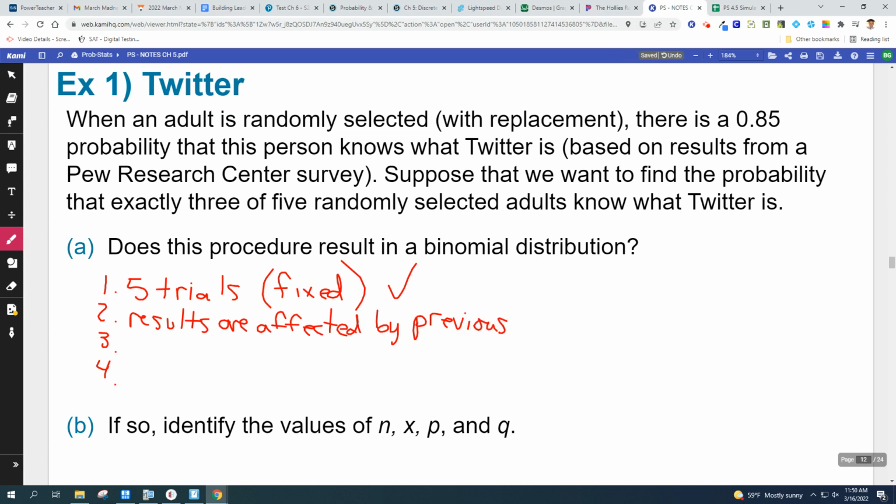Okay, each time we select an adult and ask them, it's not going to be affected by the one that we asked before. That is independent. So that one's good.